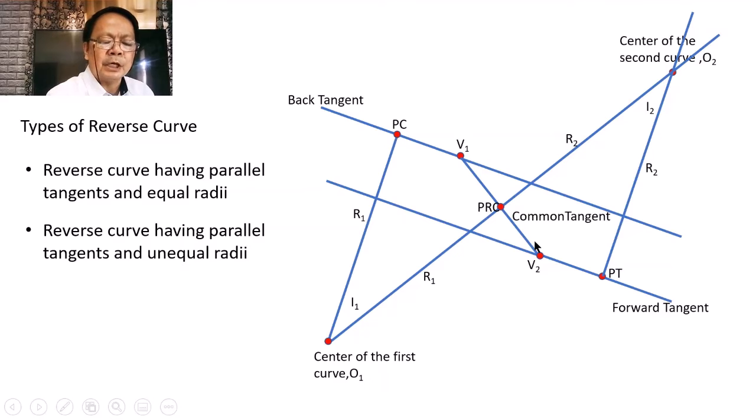Ganon din dito, kung itong ating PRC will be moved further from V sub 2, we have to move also the PT further from V sub 2. Kaya ang mangyayari, we will have radii that are different, but we will still have the same central angle of the simple curvature of the reverse curve.